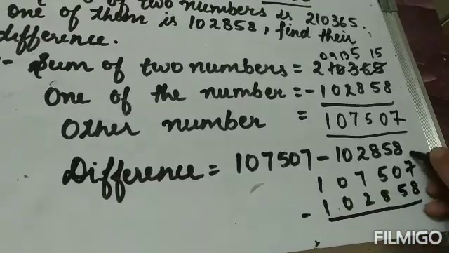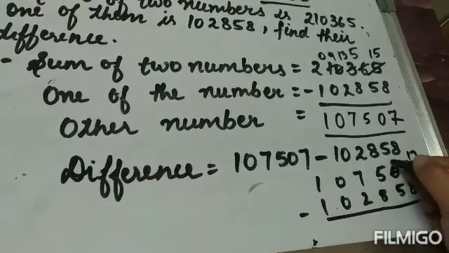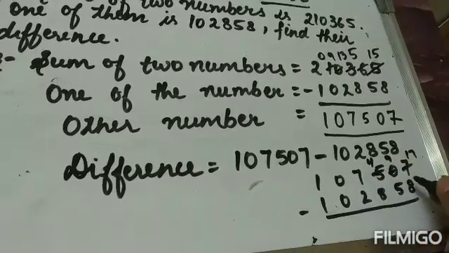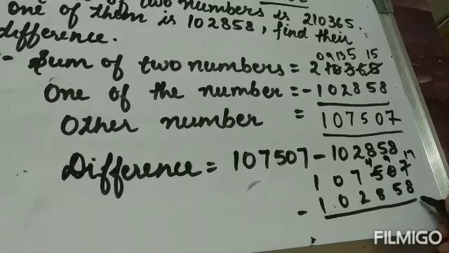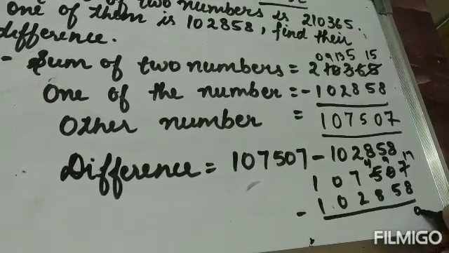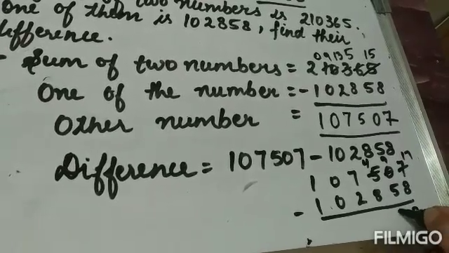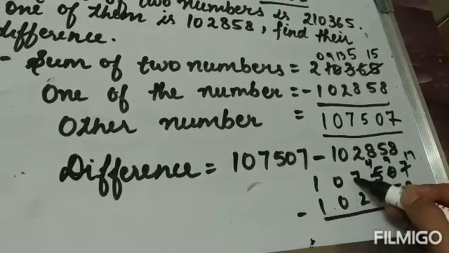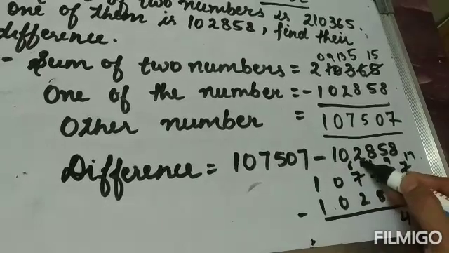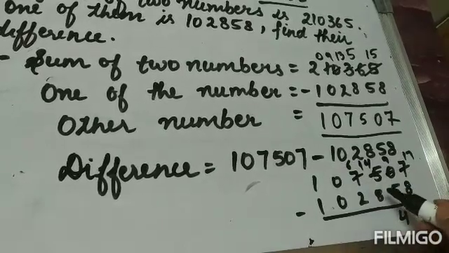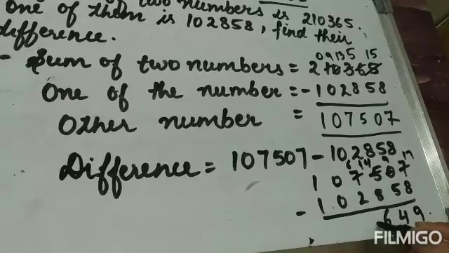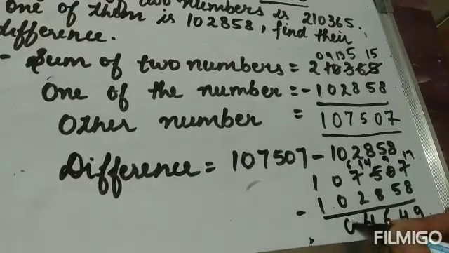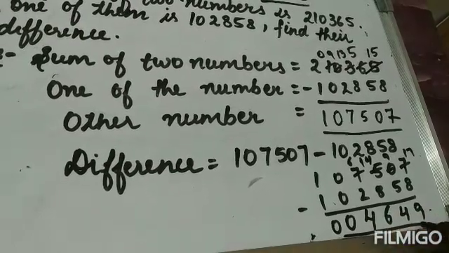This 7 will become 17. This 0 will become 9 and this 5 will become 4. So 17 minus 8 is 9. 9 minus 5 is 4. This 4 will become 14 and this 7 will become 6. And 14 minus 8 is 6 and 6 minus 2 is 4. 0 minus 0, 0 and 0 minus 0, 0.